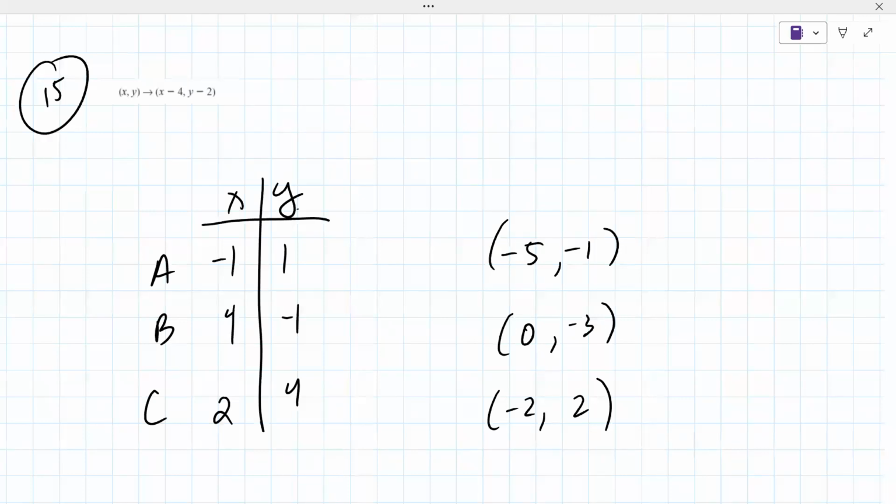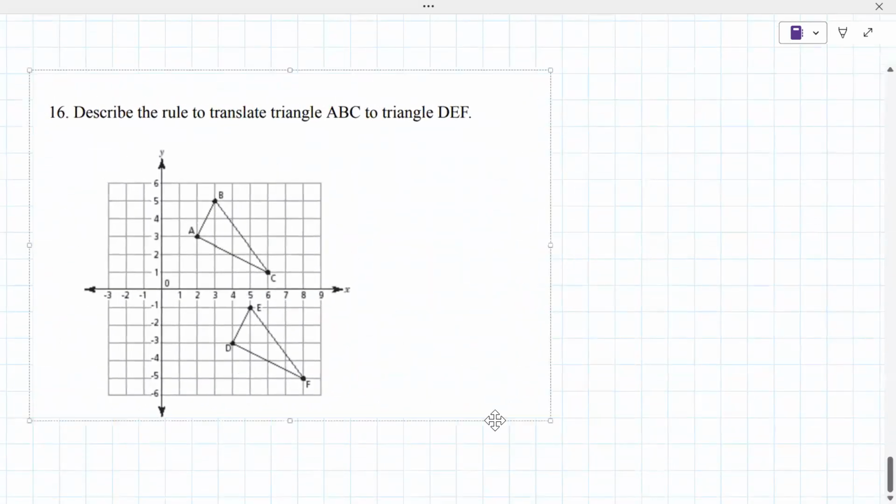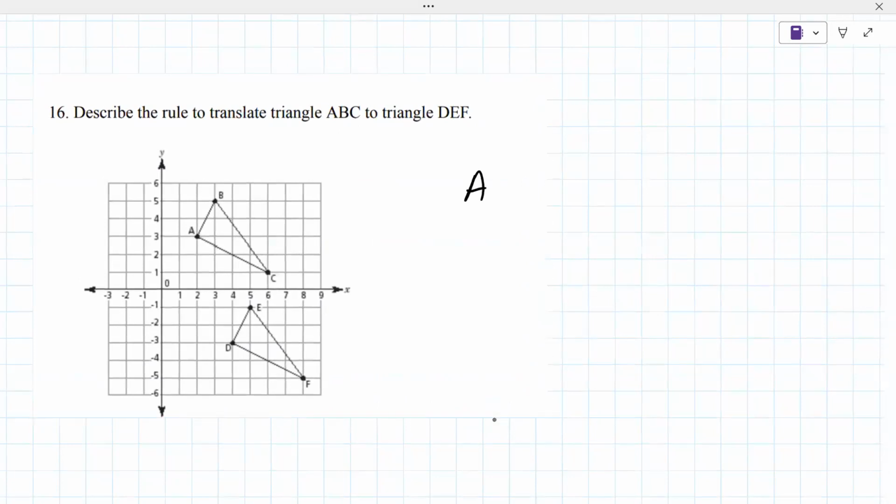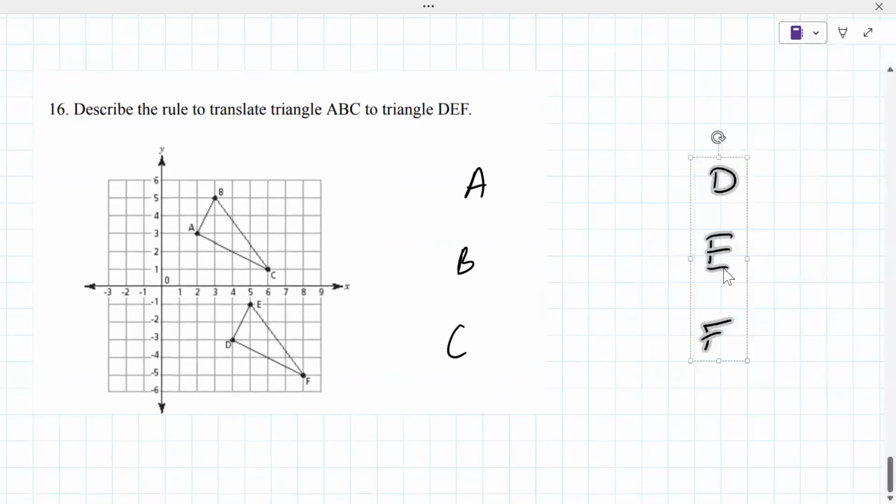So for 16, the best way to do the problems where you're going backwards is to label the points, like label A, label B, and label C, and then do the same thing for the corresponding points D, E, and F, and see if you can detect a pattern.